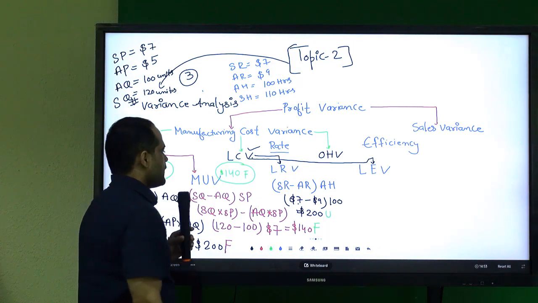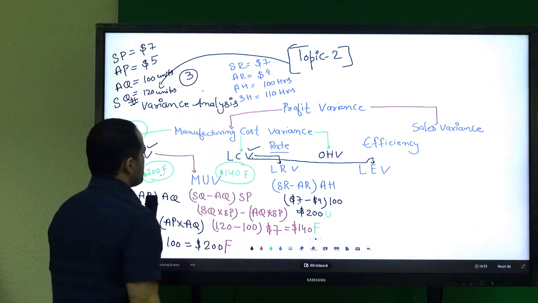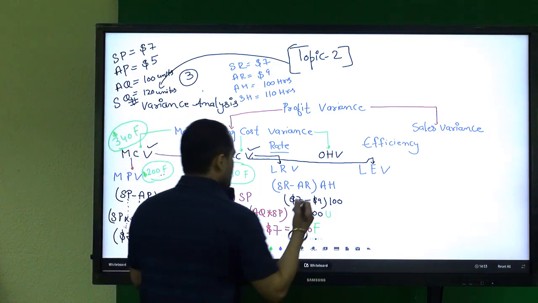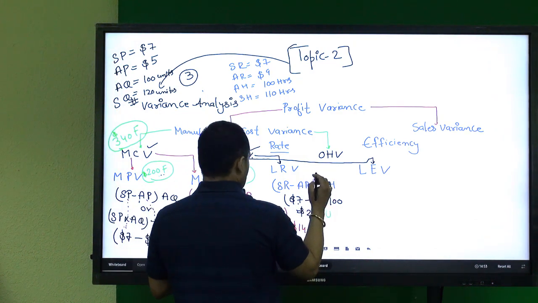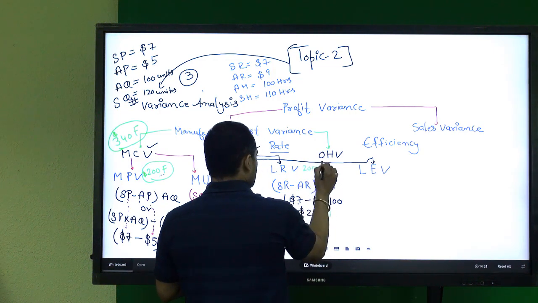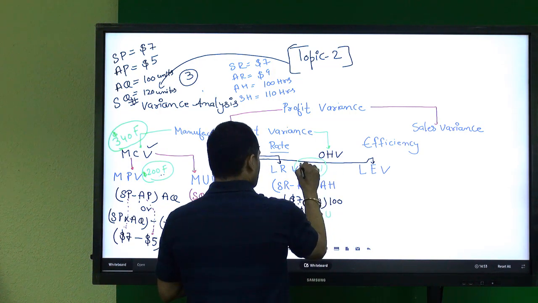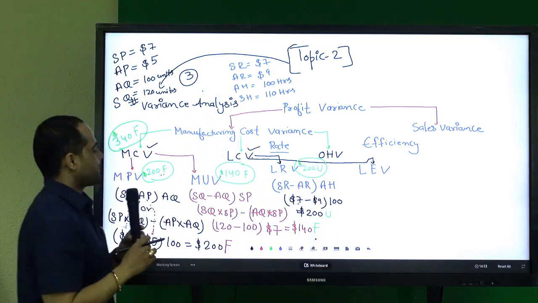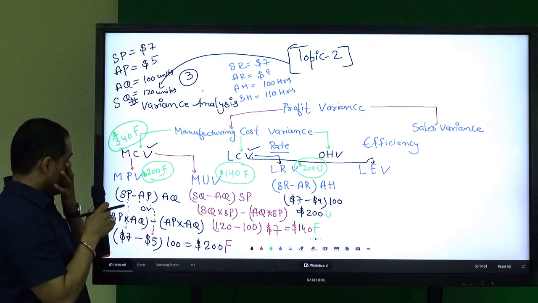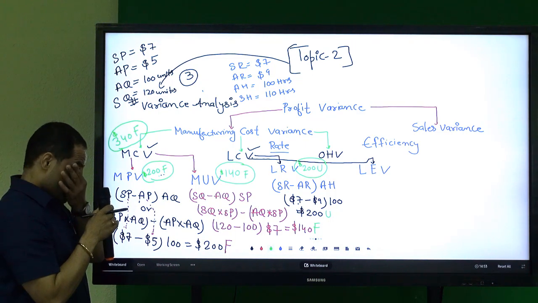So my labor rate variance is 200 U. 200 U is my labor rate variance.